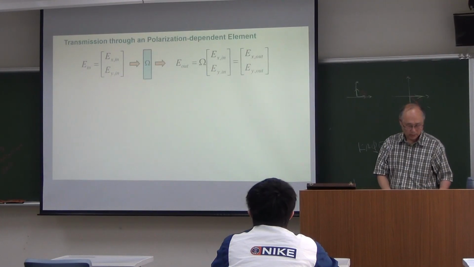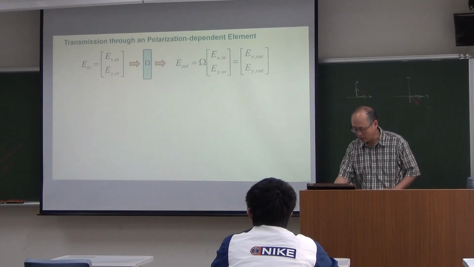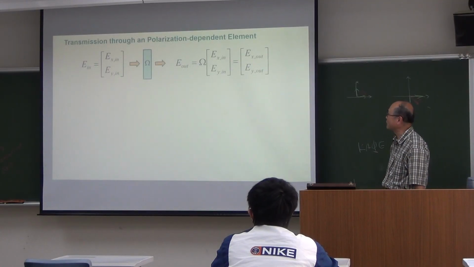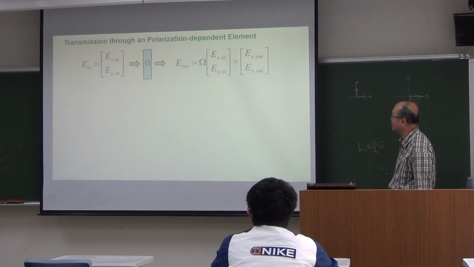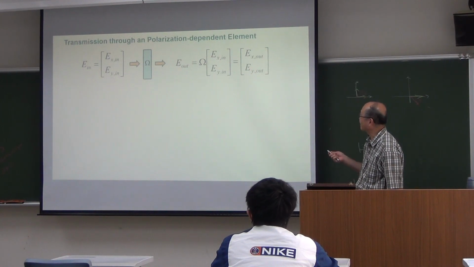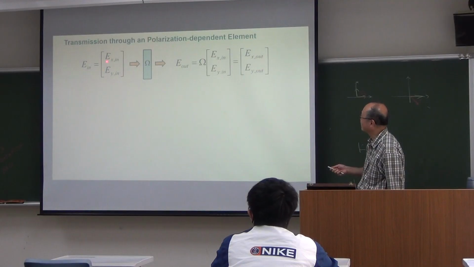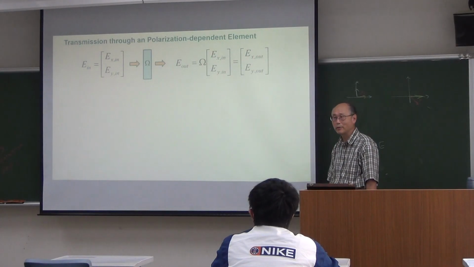All right, so let's try to understand the usefulness of the Jones vector and Jones matrix. Once you have the Jones vector, you have the input and output. If you propagate light through some element, then we can create a matrix, an operator on the input, so that I can deduce the output polarization.